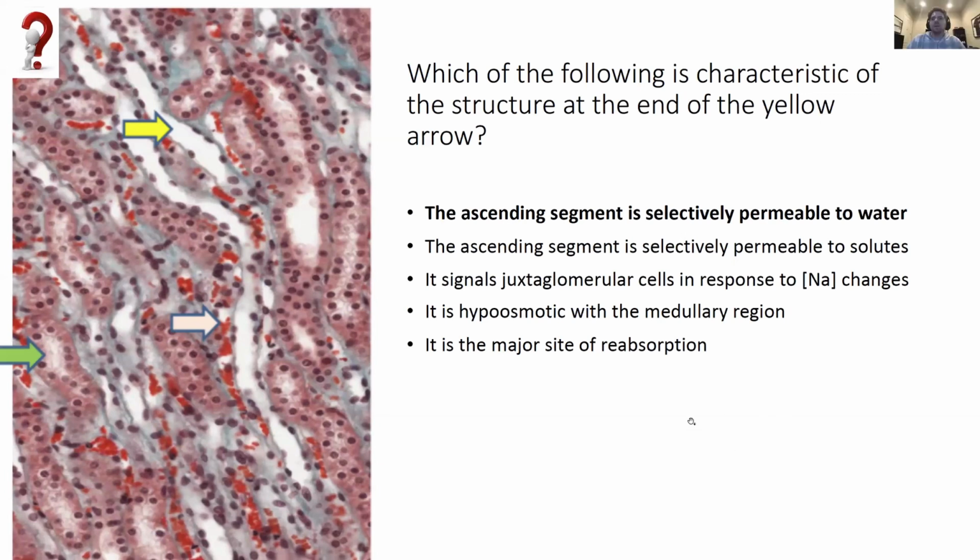Well, the macula densa actually senses it and then signals the juxtaglomerular cells. It's just the osmoregulator. The juxtaglomerular cells are closer to the glomerulus, but it's the macula densa that senses. So it signals the juxtaglomerular cells, which is kind of the next step in the process. So sensor versus where they're sending the signal.